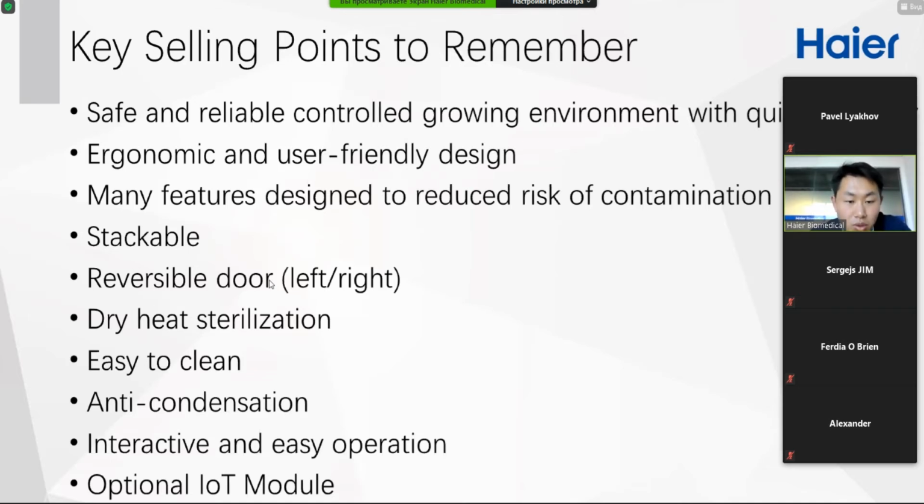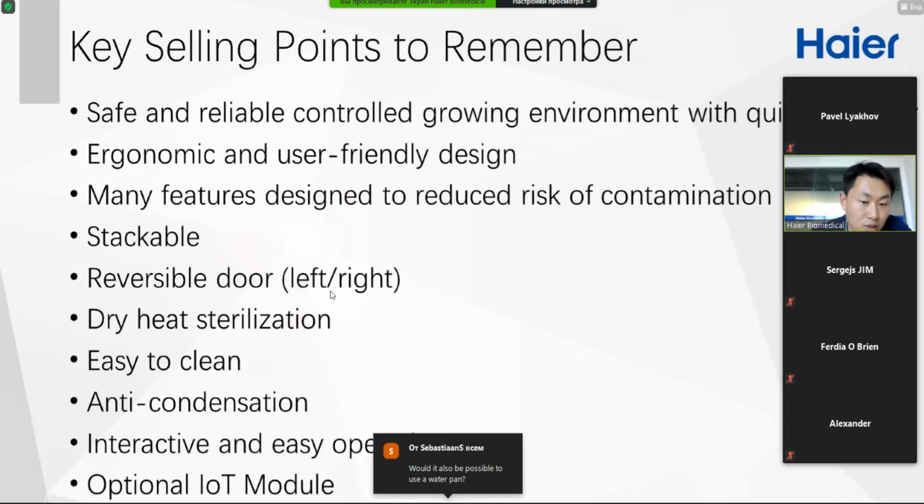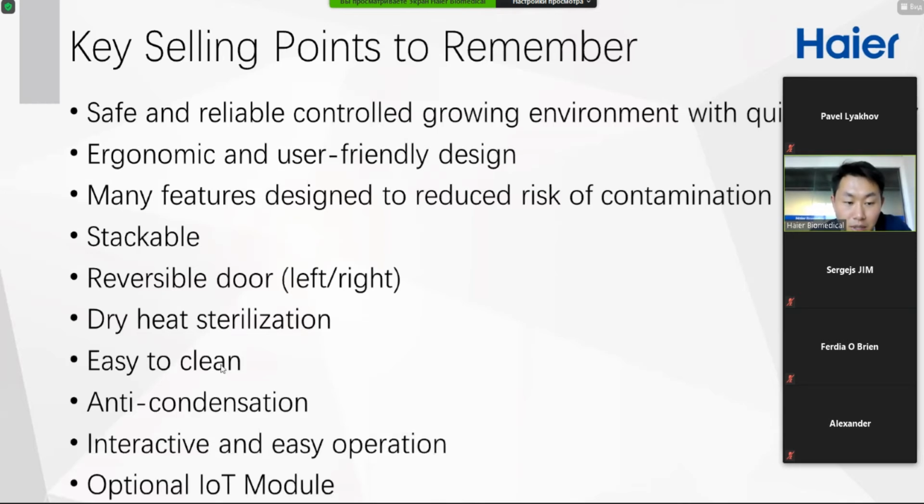Normally the door you can install on the left or on the right, it's all okay. Dry heat sterilization is the best for sterilization at present, and it is easy to clean. Easy to clean is mainly in the inner cabinet.